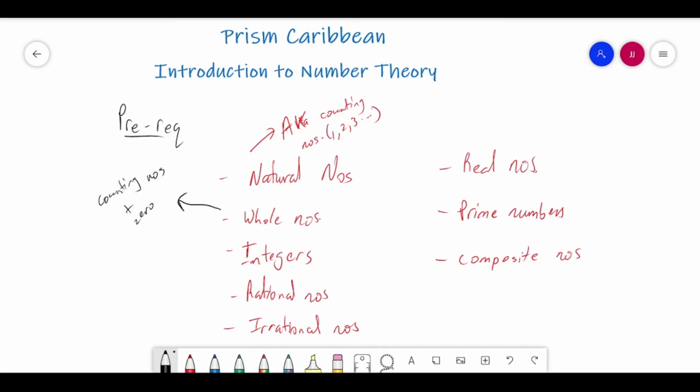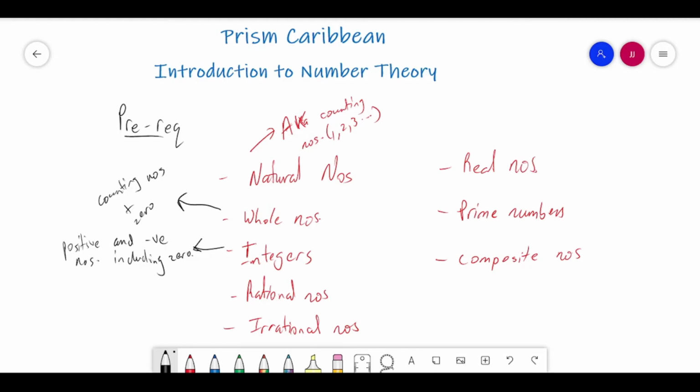So integers now are basically positive and negative numbers, including 0, right?